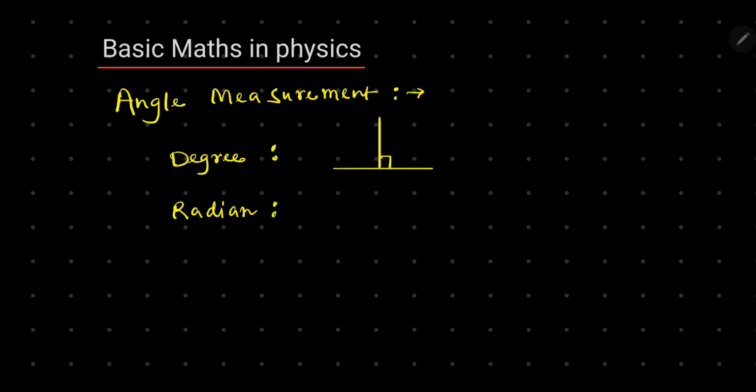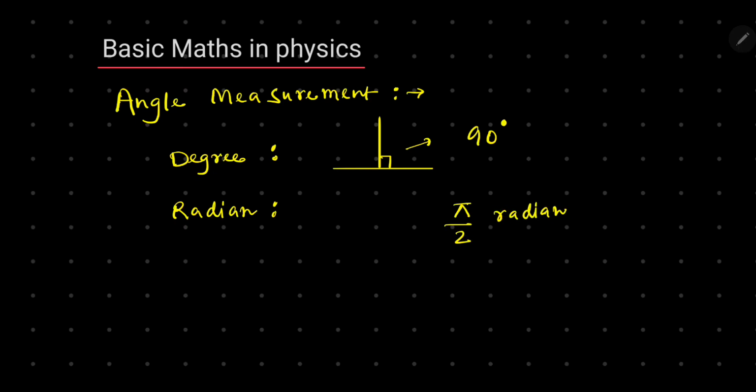Perpendicular means neither tilting towards the left nor tilting towards the right. Society A says these two lines are making an angle of 90 degree, but society B describes the same thing as pi by 2 radian.